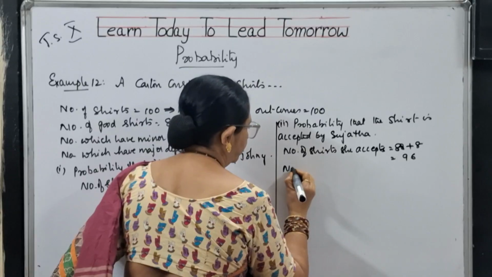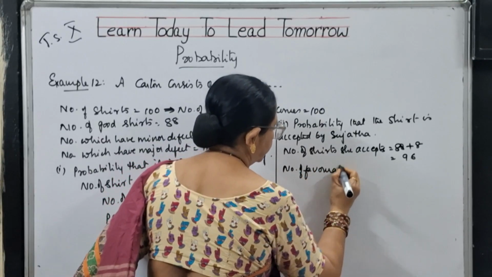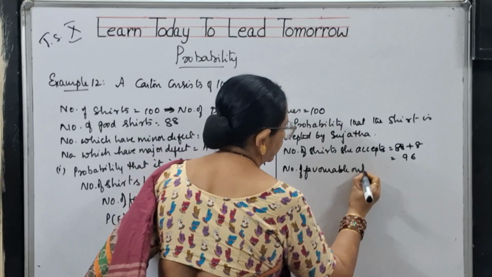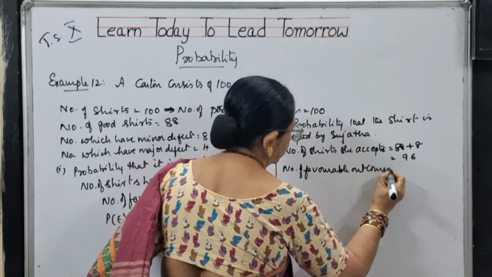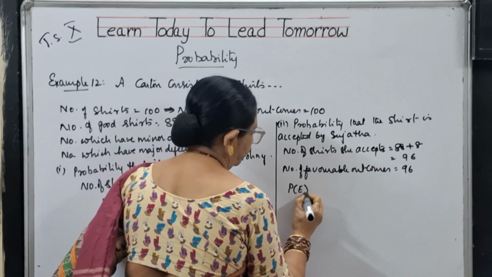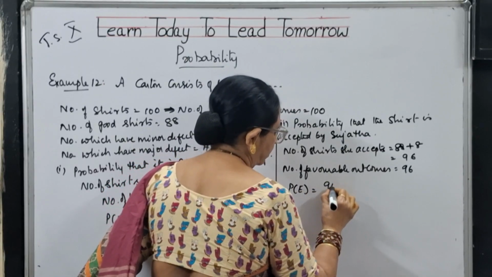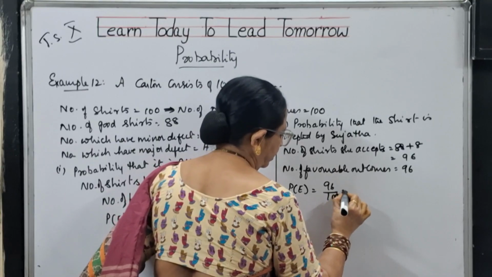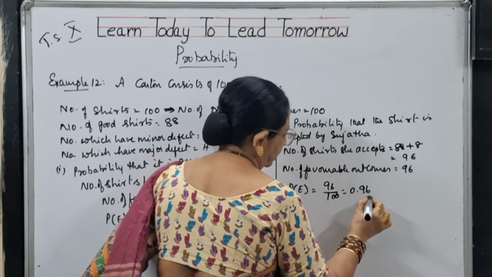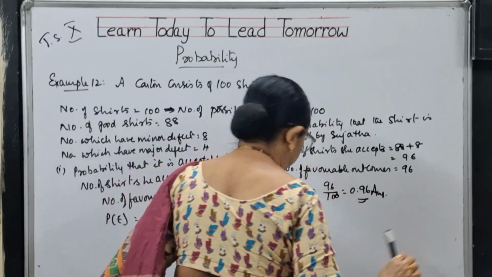So number of favorable outcomes is equal to 96. So probability of the event, that is the shirt is acceptable by Sujata, is 96 by 100, that is 0.96. This is another answer, children.